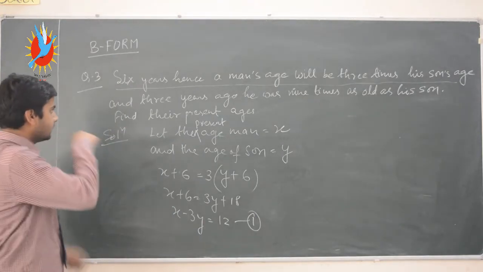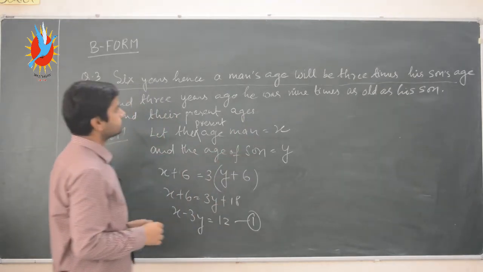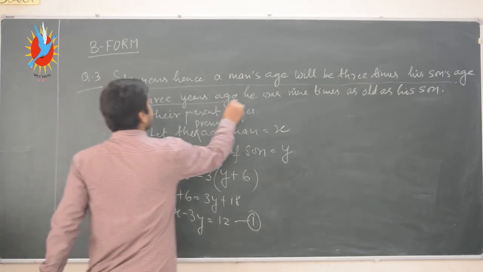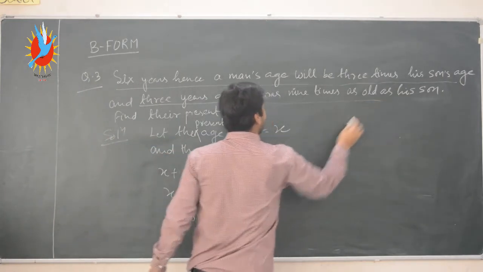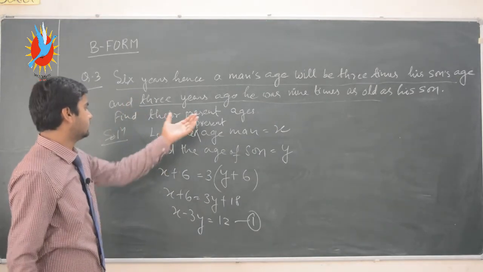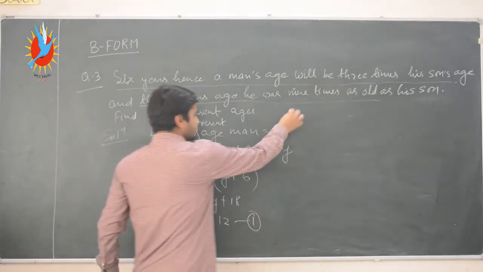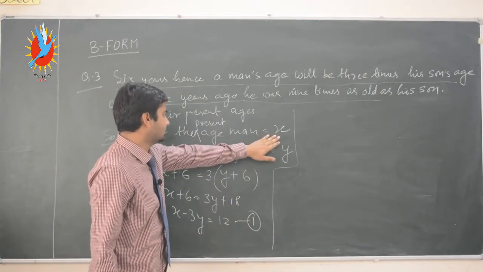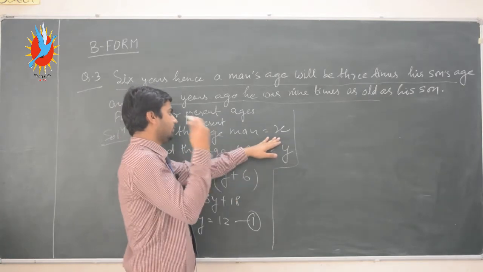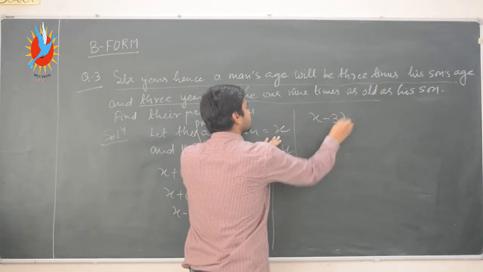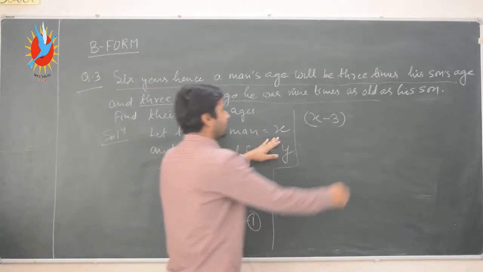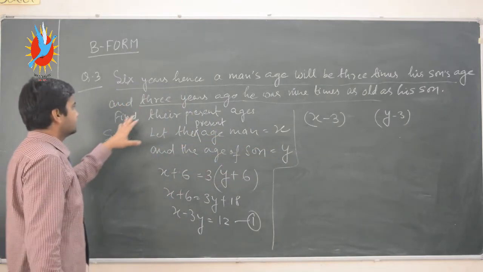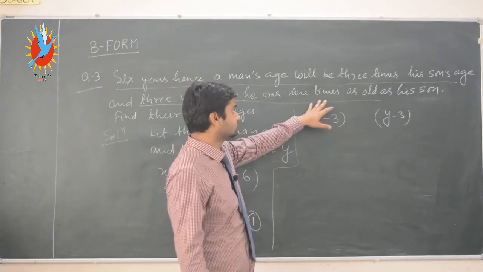The second condition is that 3 years ago he was 9 times as old as his son. This time he is talking about the past. The man's present age is x. 3 years back he was x minus 3 years old and his son was y minus 3 years old. Now the condition is that 3 years ago he was 9 times as old as his son.